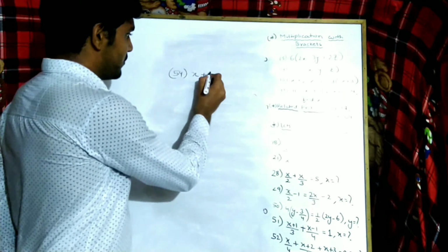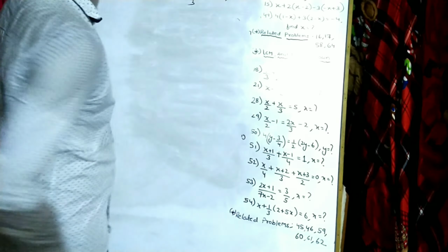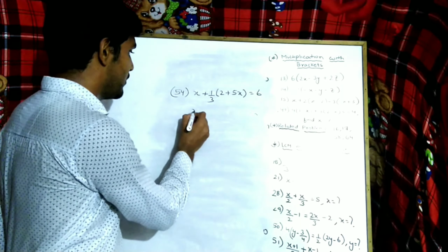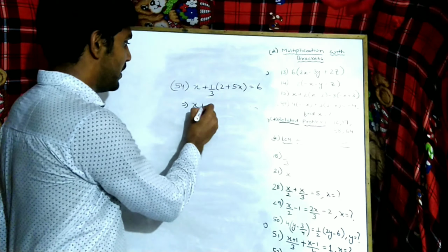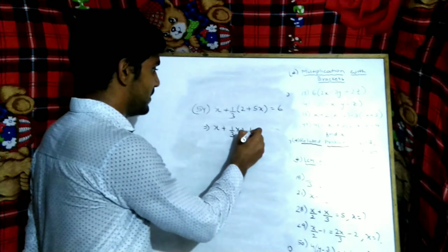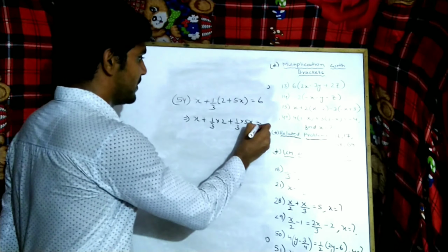Clear? Now let's go for the 54th, the last problem. x plus 1 by 3 into 2 plus 5x is equal to 6. See, very simple. Just multiply, just open the brackets. x will be x only. Let's take plus 1 by 3 into 2 plus 1 by 3 into 5x is equal to 6.